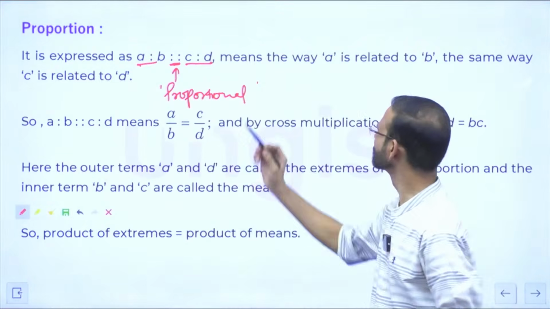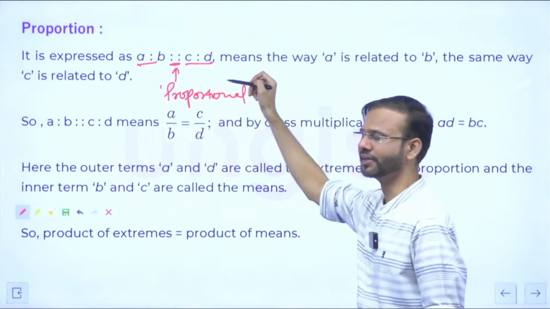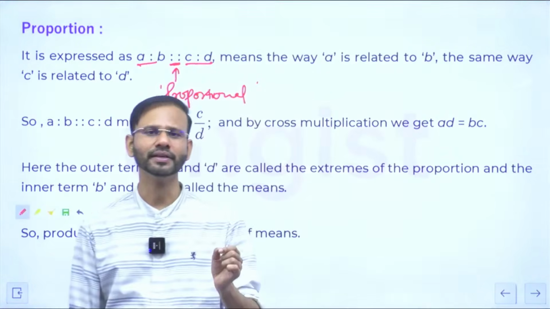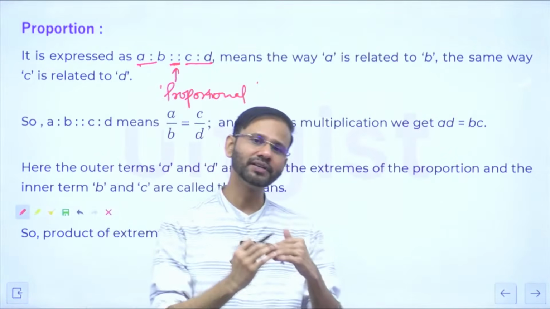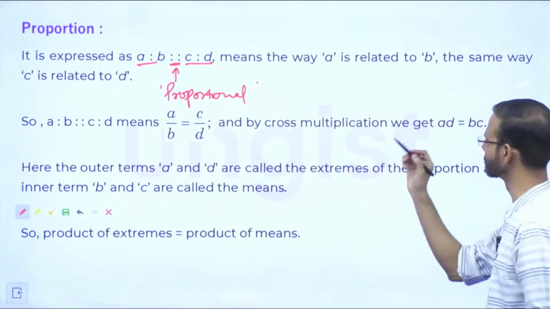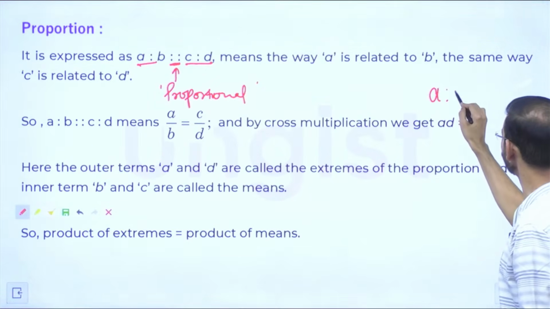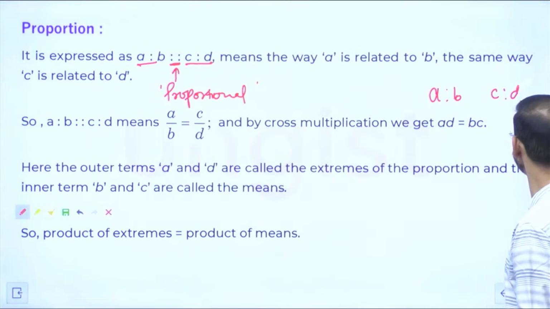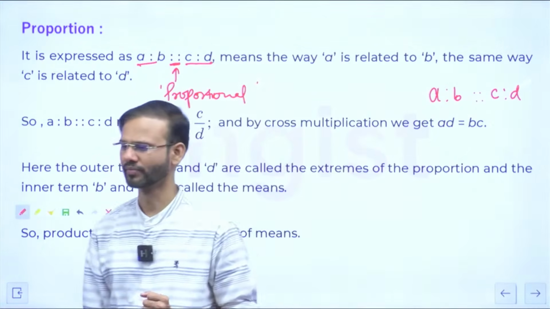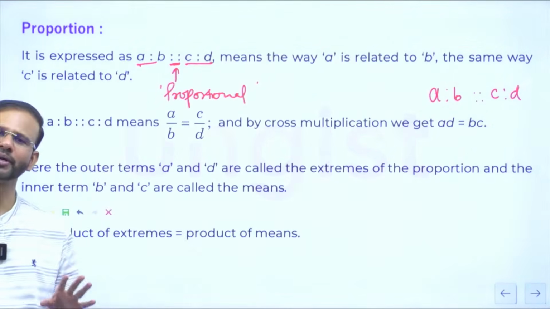A is to B is proportionate to C is to D, which means what? The way A is related to B, in the similar manner C will be related to D. So this is proportional. Everybody clear?